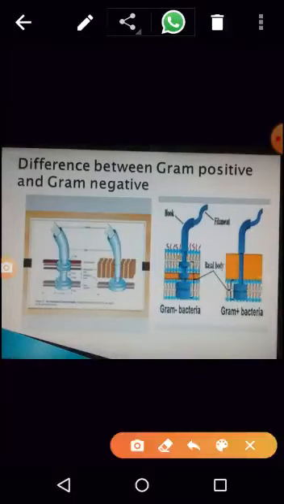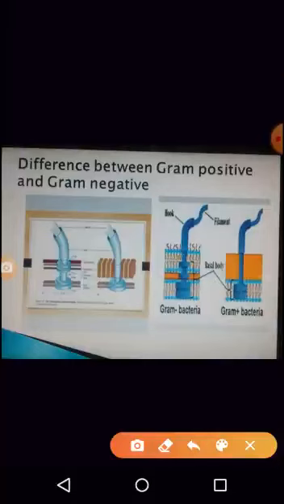This is the bacterial flagella of gram negative, where you can see all four rings: the L, the P, and the S and the M rings. But in gram positive, there is only the peptidoglycan layer, absence of LPS, and hence you can see only the P ring, and the S and M rings. So there is no L ring in gram-positive bacteria.